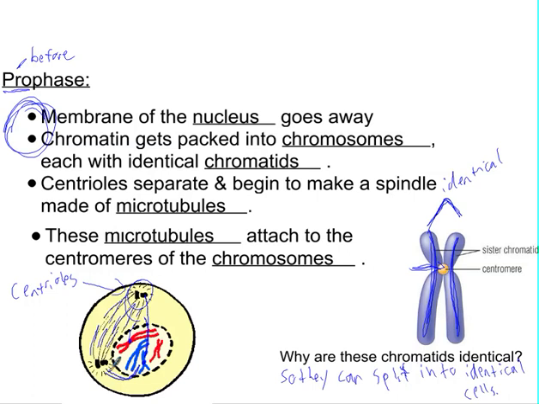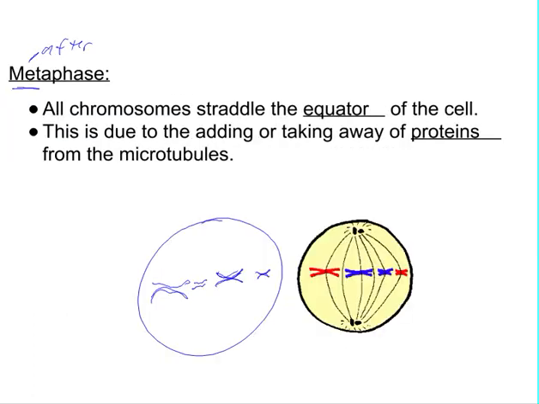So that's how it arranges. It's kind of like a fireman's ladder. Those things can either lengthen or shorten. So that's how they get in the middle like this.